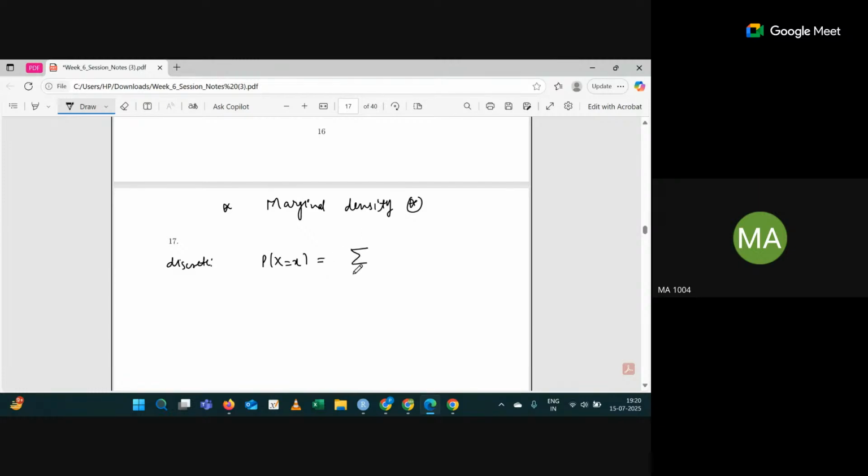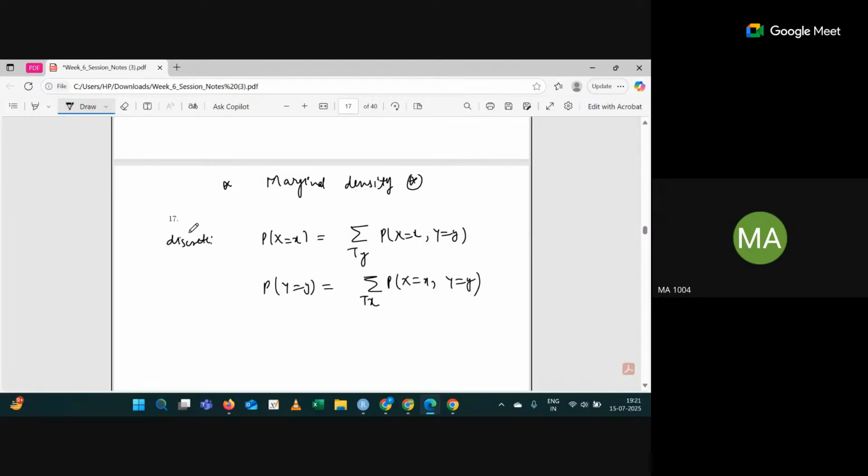You did the summation over the support of y, summing the joint PMF, right? And to calculate the marginal PMF of y, you did the summation throughout the range of x, adding the joint PMF. Can you recall?